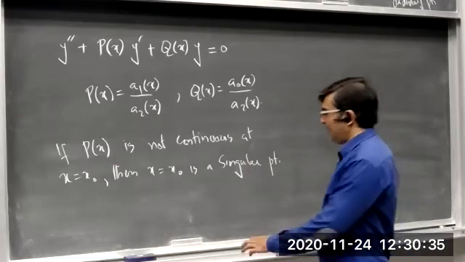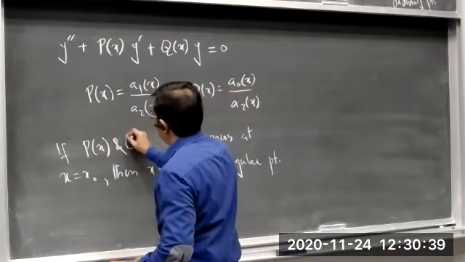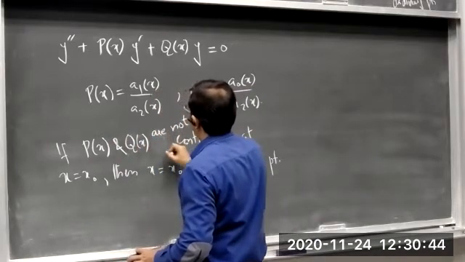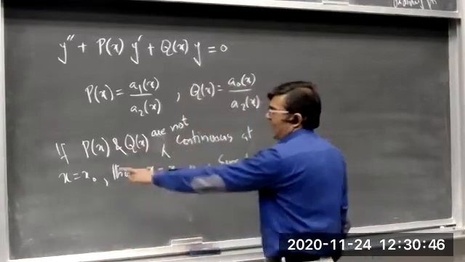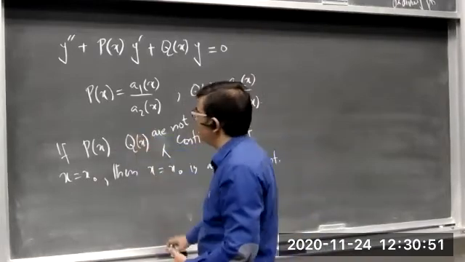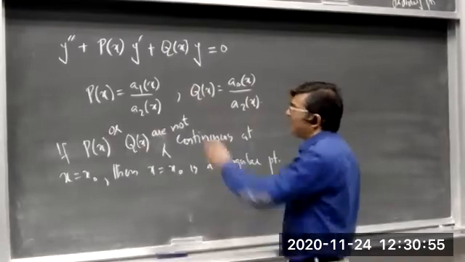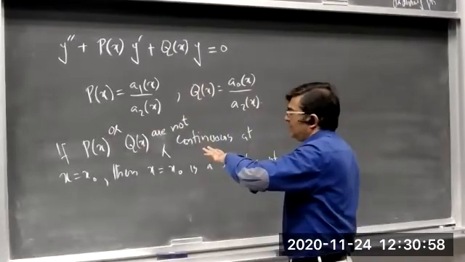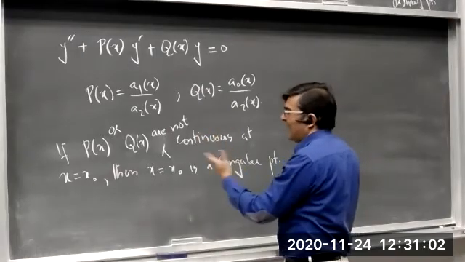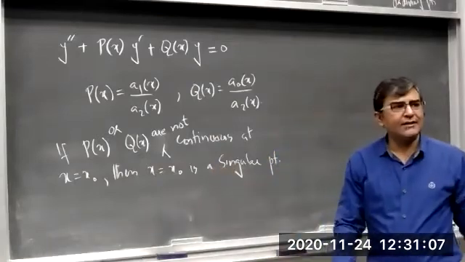You can also say that if either of these two functions, or at least one of them, is not continuous at some point x equal to x naught, then x equal to x naught is a singular point.